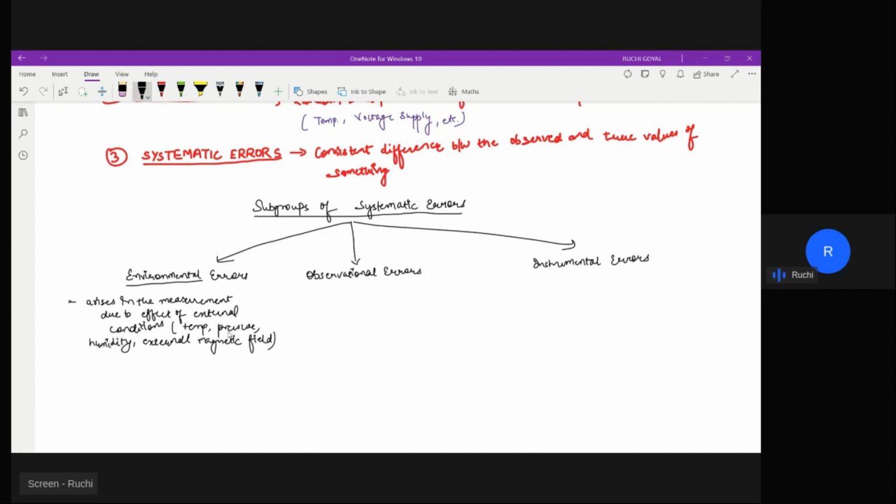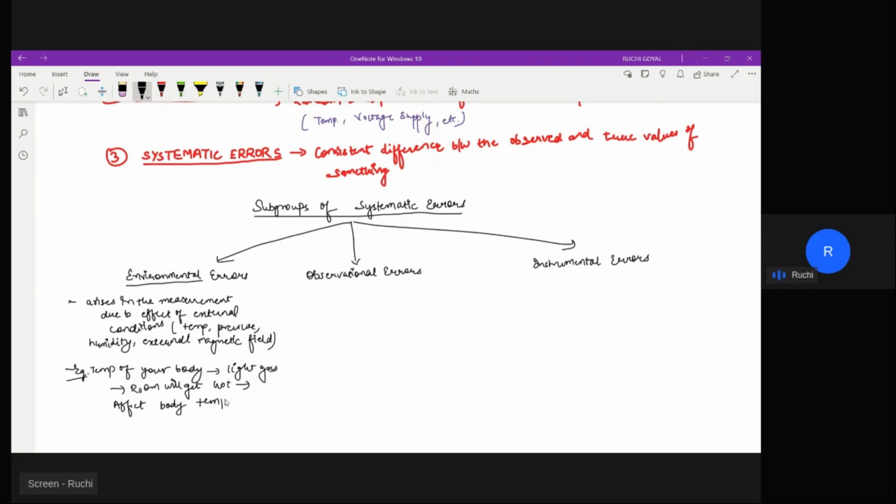Suppose you measure the temperature under your armpit, and during the measurement the electricity goes out, so the room gets hot, and then it will affect your body temperature.